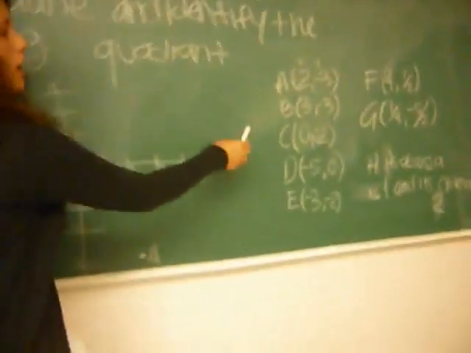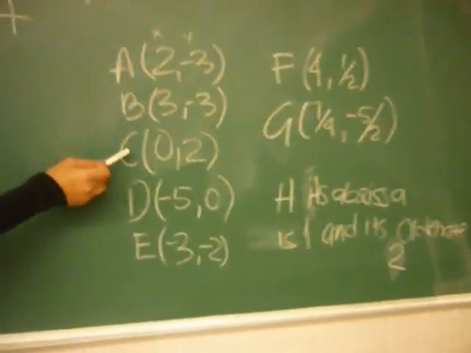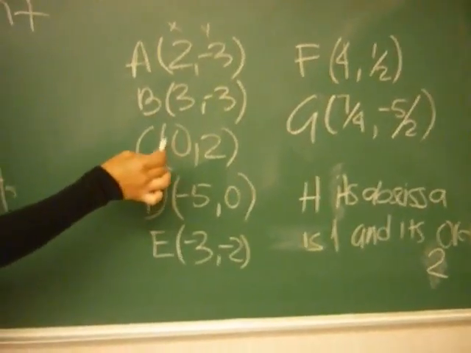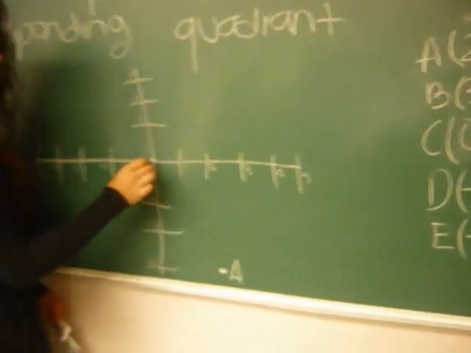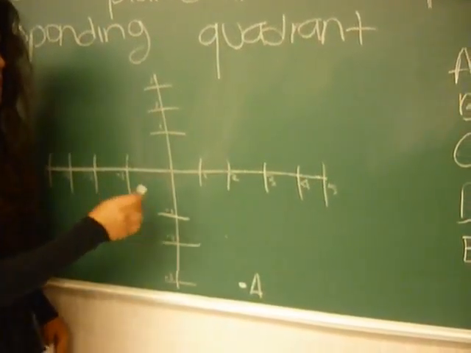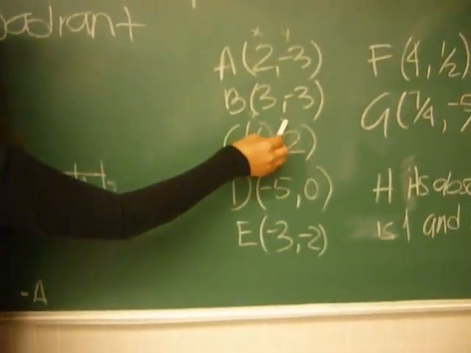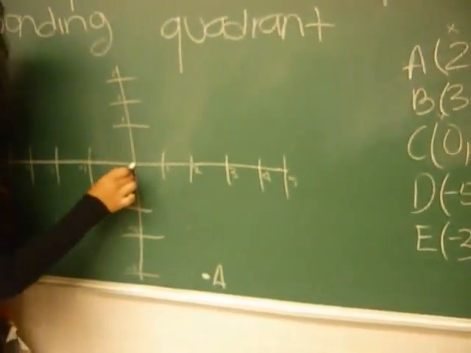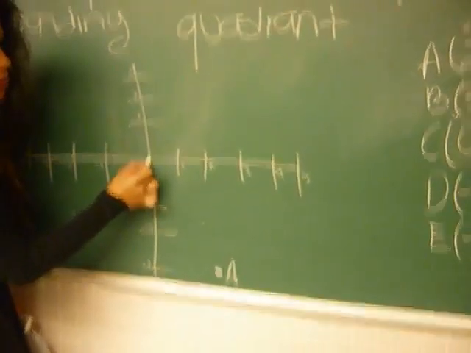You need to do the same thing with all the values. When you have 0, it means that the coordinate is going to be on one axis. When you have x 0 and y 0, you're going to stay at 0.